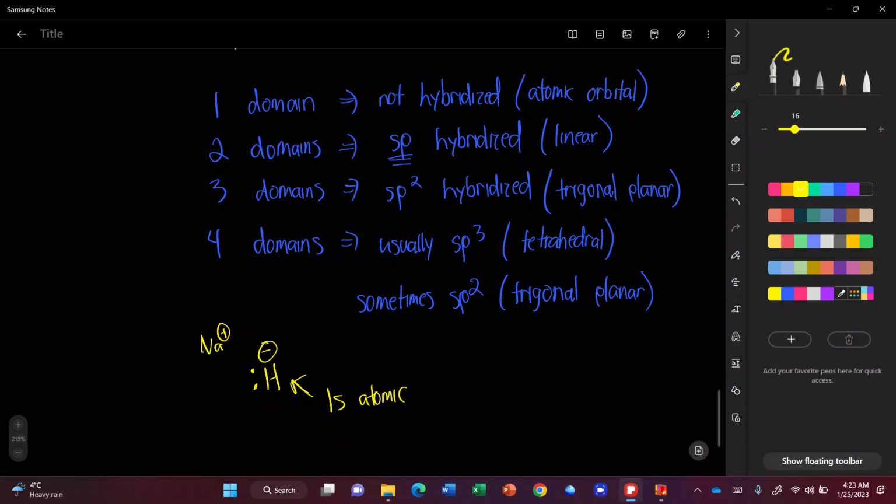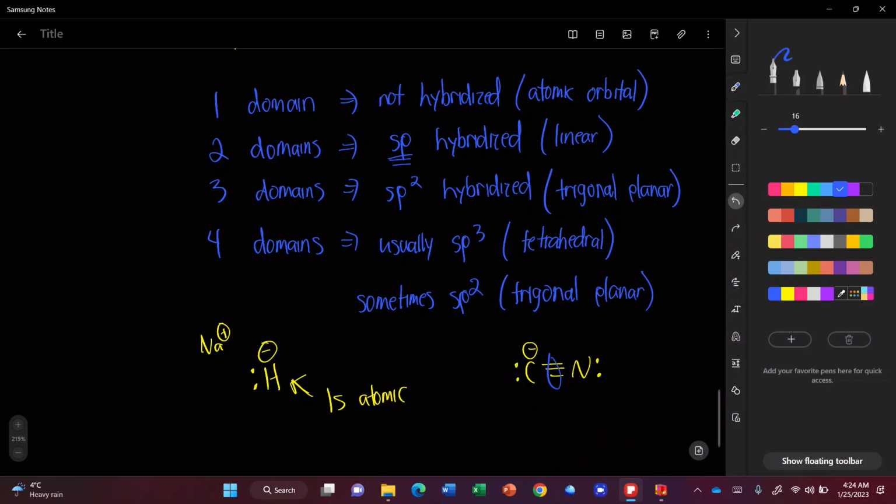So let's do another one. Let's do my favorite, the cyanide anion, right? In the cyanide anion, let's say we wanted to figure out the hybridization of the carbon and the hybridization of the nitrogen. So the carbon has one domain, two domains.